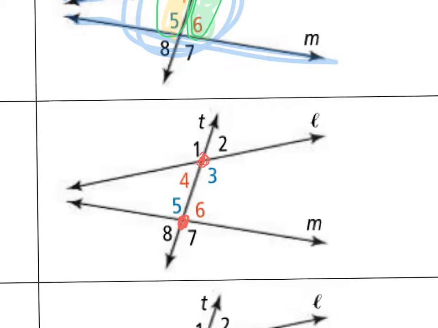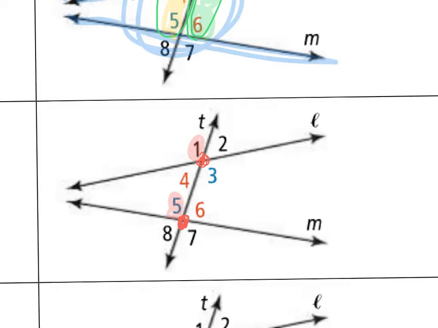So now, corresponding means they're in the same positions. So I'm looking at number 1. Where's angle 1 in relationship to that dot? It looks like it's on the top side and it's on the left. So top left. So I'm going to look down at my bottom dot. And I'm going to say, what angle is on the top left? It looks like it's number 5.